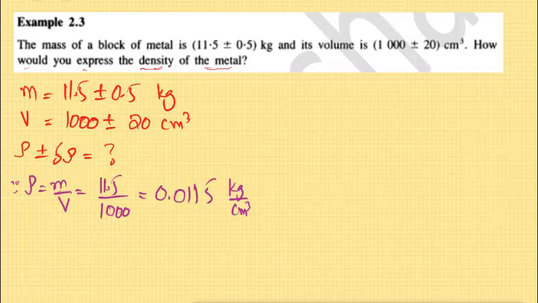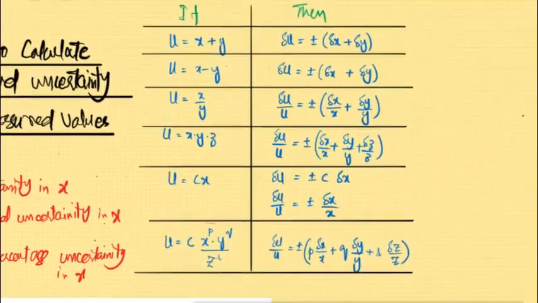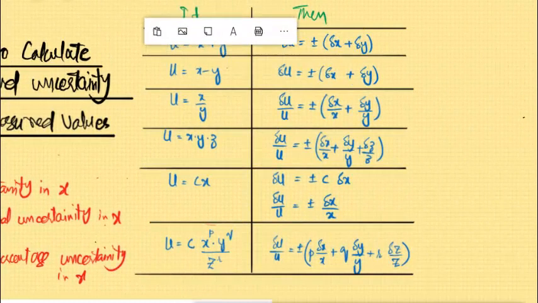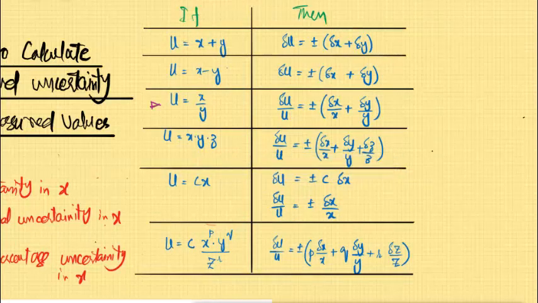Now if I look at this equation for density, which is density equals mass over volume, and compare it with the 6 equations of uncertainty that I have here, which of these 6 equations resembles our case of mass over volume? I think you are smart enough to easily figure out that this time we are dealing with this equation, where two measured values are getting divided.